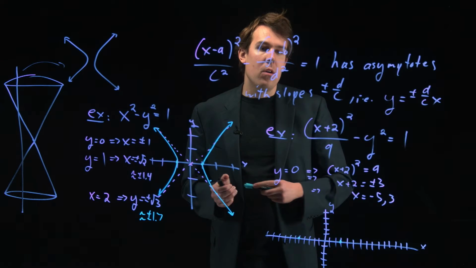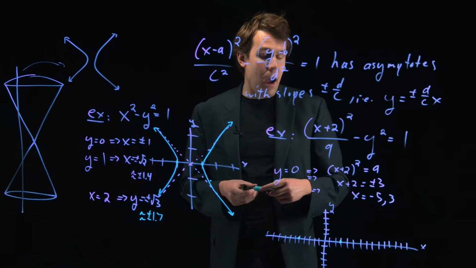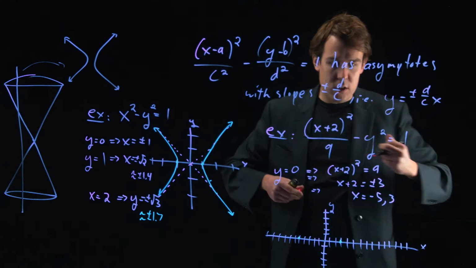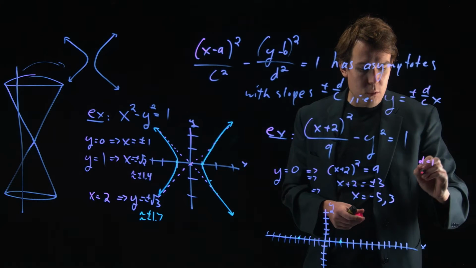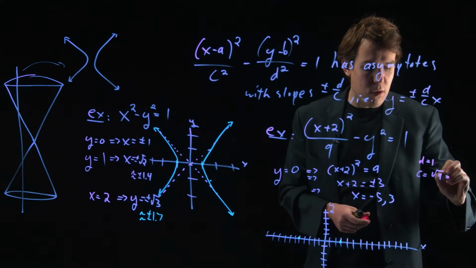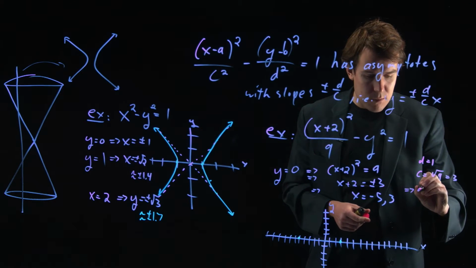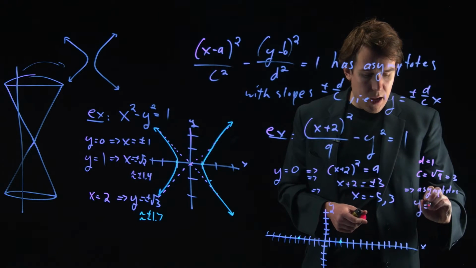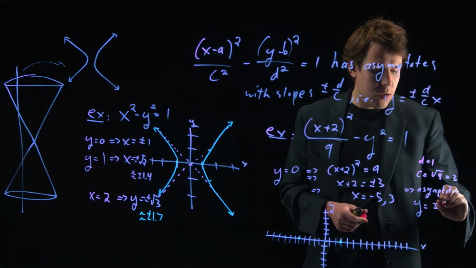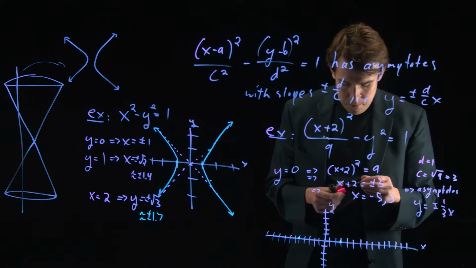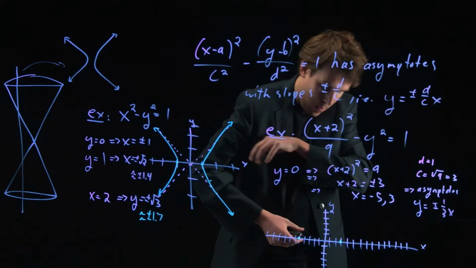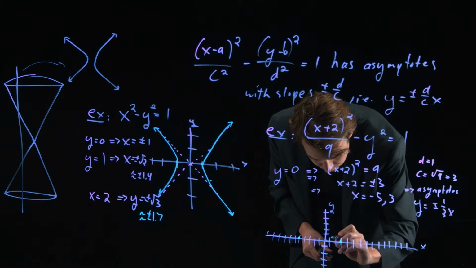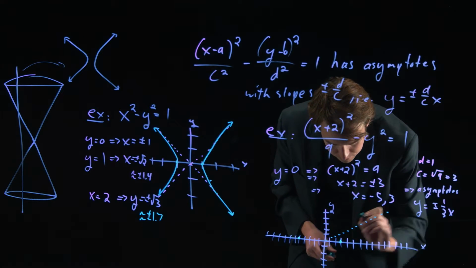And what else can I tell? Well, this is going to have asymptotes of plus and minus d over c. So in this case, d is equal to 1, and c is equal to the square root of 9, so 3. So my asymptotes will look like y equals plus and minus 1/3 x. So roughly speaking, they'll look something like this.